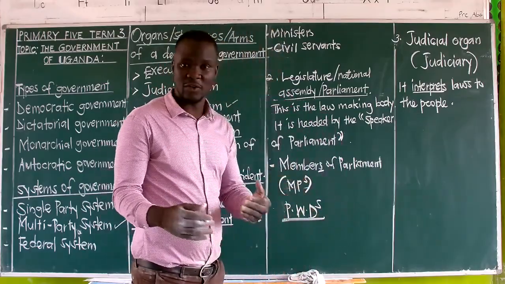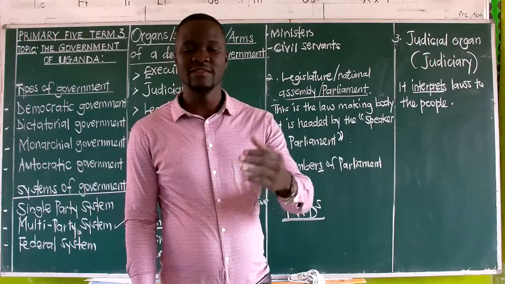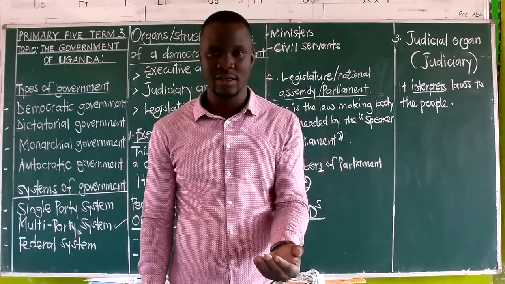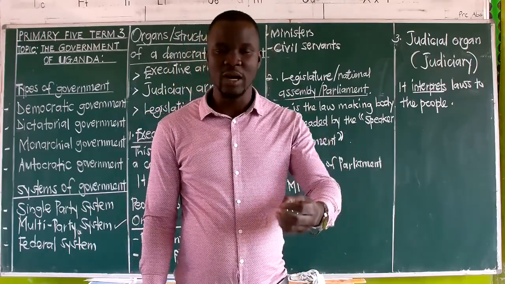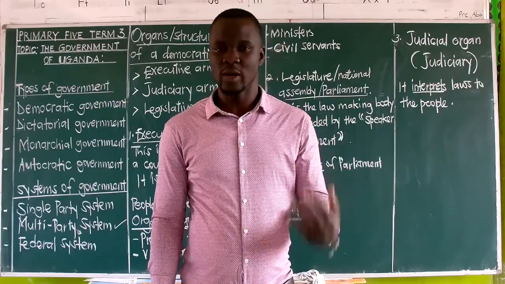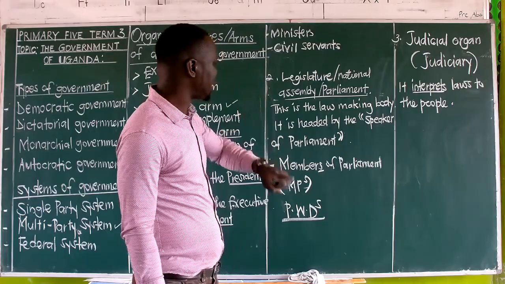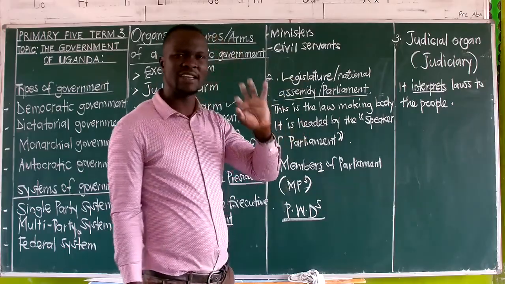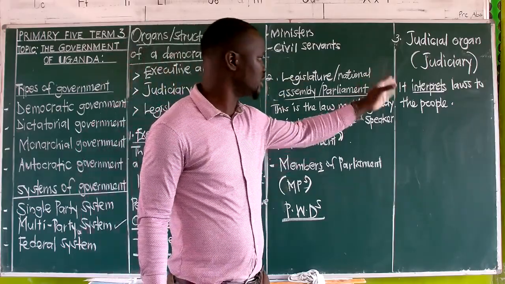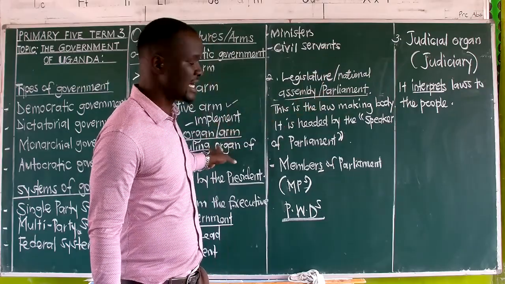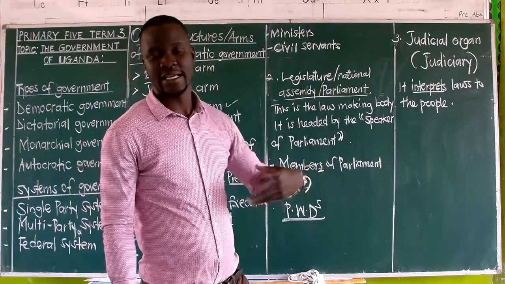And then, of course, if you go against it, they will be giving you what we call a sentence. According to what you did, they will give you a punishment based on your case, based on the law that you have broken. Remember, that law came from the parliament. So we are having the parliament helping the judiciary as well as the executive.